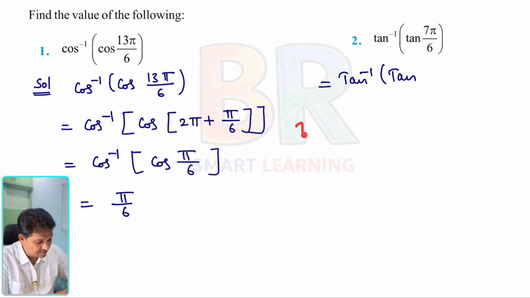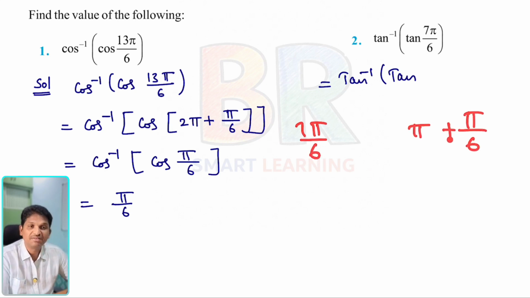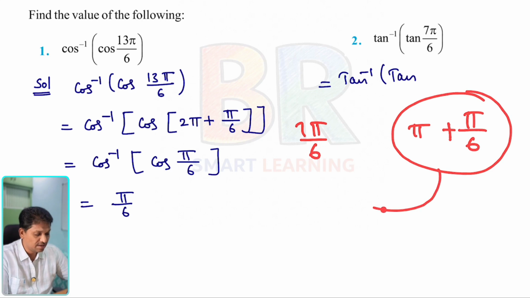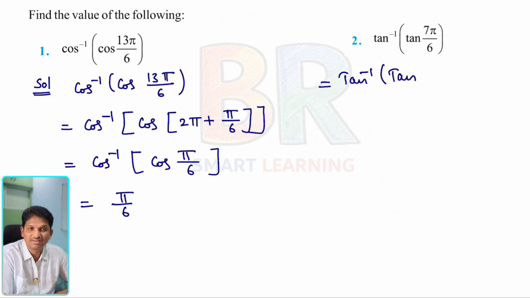You write pi by 6 and keep a plus. Now make sure whether it gives this or not. If it is not, then make little changes: write minus, write 2, write plus, write 3, like that. So tan inverse of tan 7 pi by 6, I'll write as pi plus pi by 6.